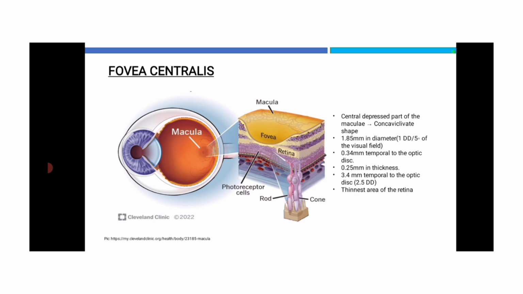For the time being, you can remember that rods are responsible for night vision and cones are responsible for day and color vision. Since only cone cells are present in this region, it is responsible for day vision and color vision. The fovea has a margin, a downward slope and a floor which is known as foveola, which we will be discussing in the next slide.